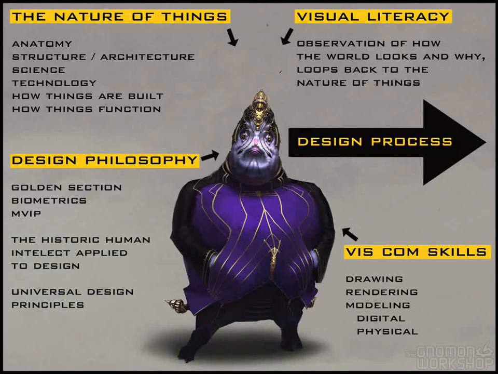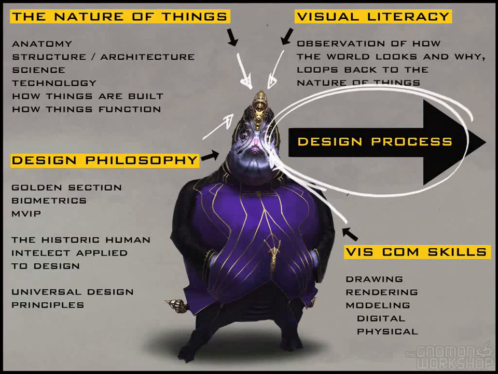And ultimately, all those things have combined to help you, the future design guru, figure out this, which is the design process. So we're going to take this design process, which builds on these areas of study, and then I'm going to share with you my design process when I apply it towards vehicles, and that's going to really be the focus of the rest of the lecture. So let's move on.